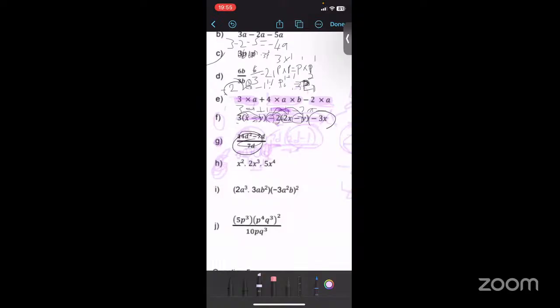So in this case, we're going to start with x to the power of 2 multiplied by 2x to the power of 3 multiplied by 5x to the power of 4. How would you answer this, Manahil?